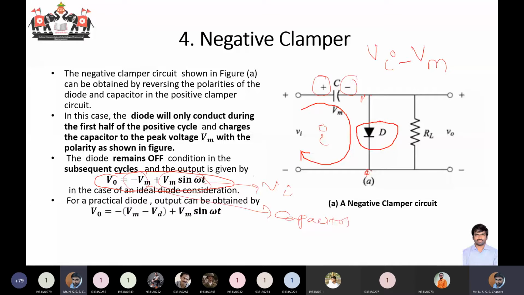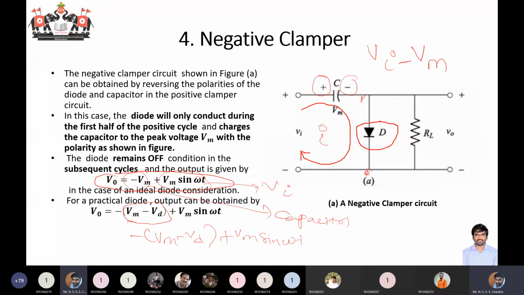In case you are considering a practical diode, in place of Vm you keep Vm minus Vd. So it is minus of Vm minus Vd plus Vm sin omega t. The capacitor will be charged only to the value of Vm minus Vd volts.